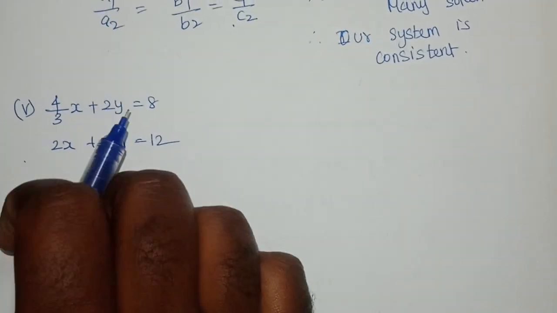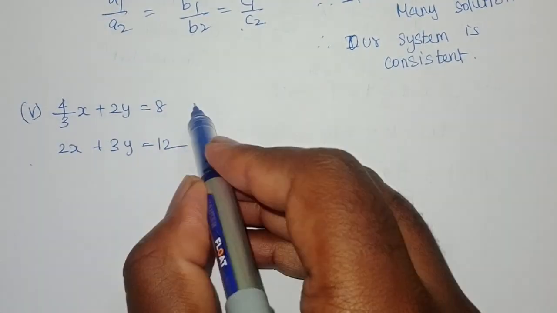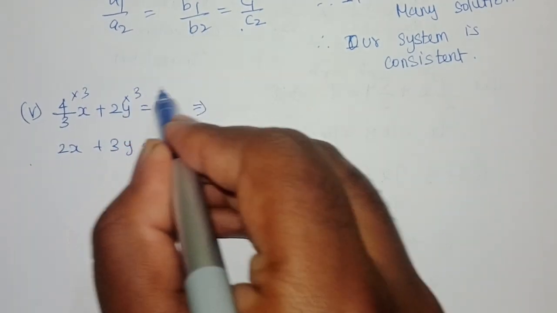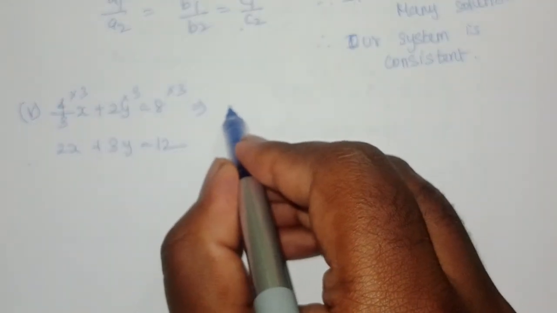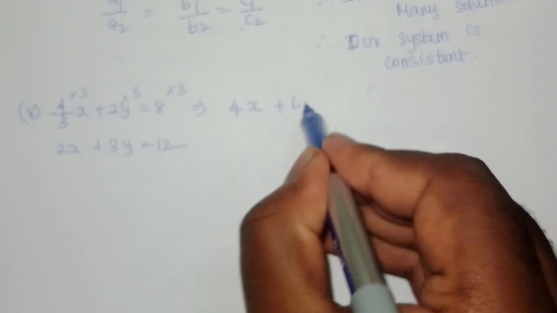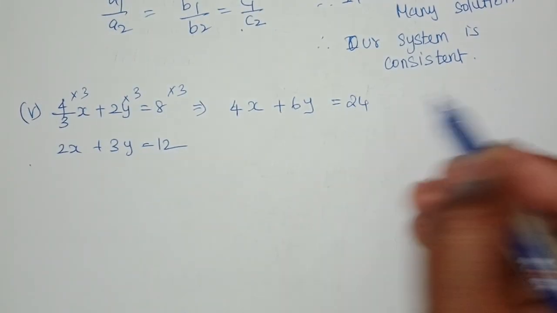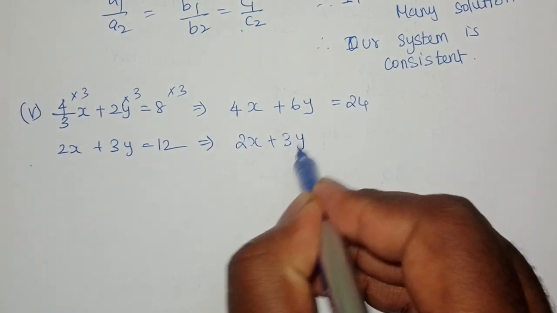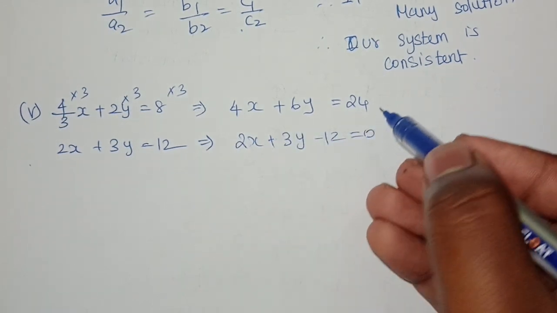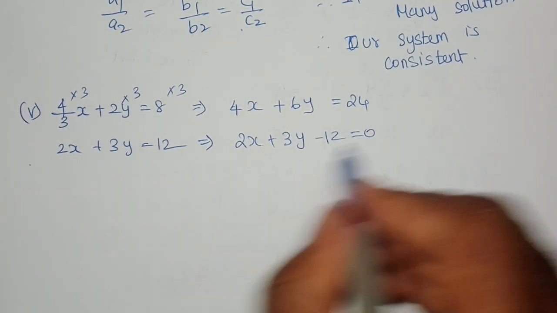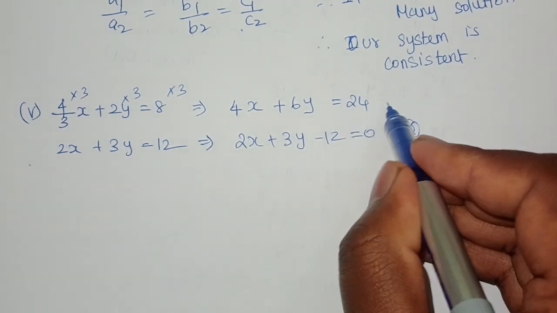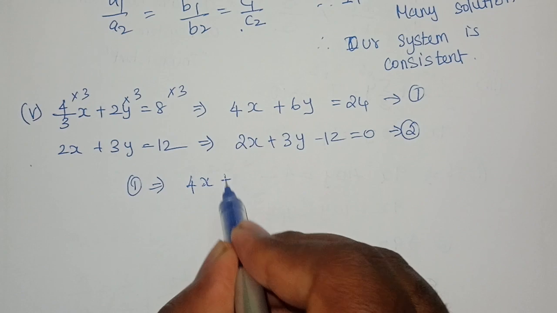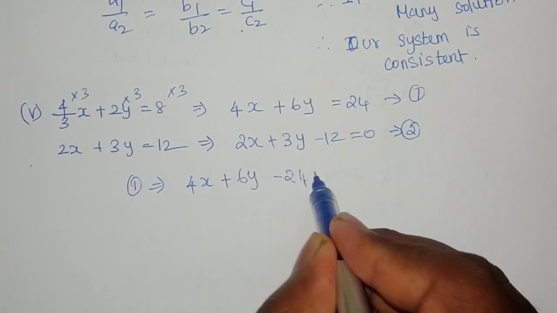Here we get 3 as a denominator, so we will multiply each term by 3. Therefore, 4x plus 6y is equal to 24. Next, 2x plus 3y minus 12 equal to 0, which is equation number 2. The first equation can be written as 4x plus 6y minus 24 equal to 0.